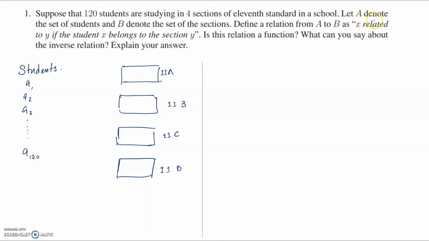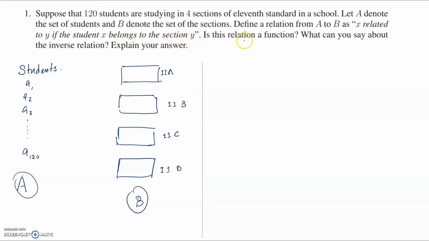Let A denote the set of students, and let B denote the set of sections. Now define a relation from A to B as x related to y if the student x belongs to the section y.